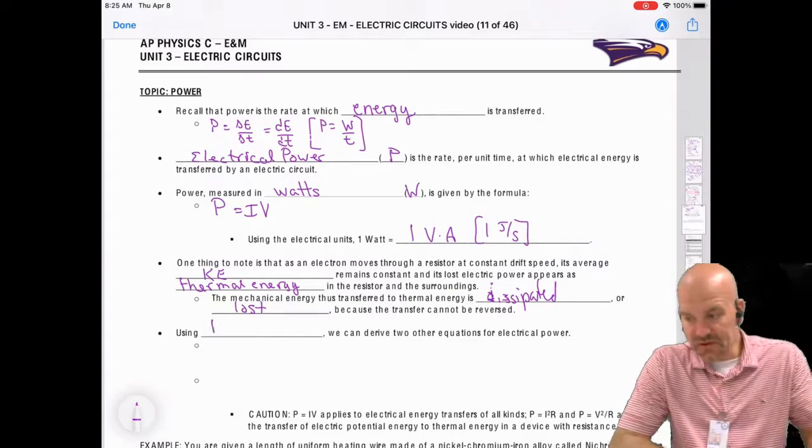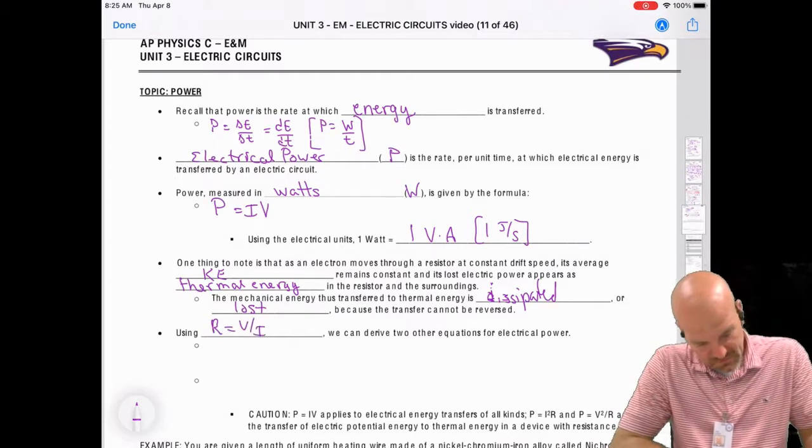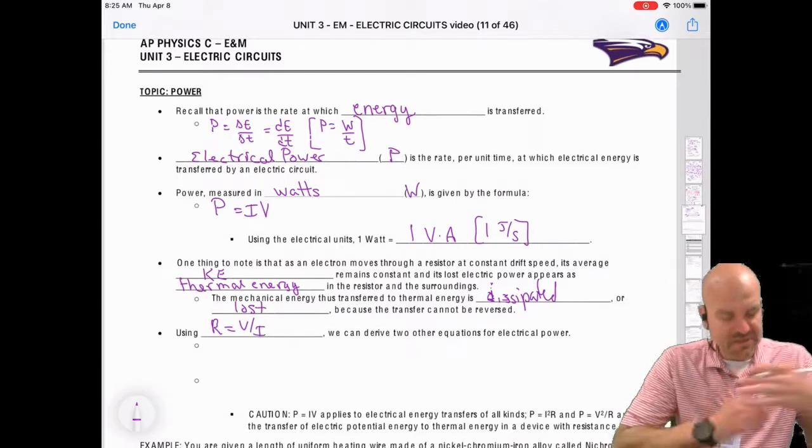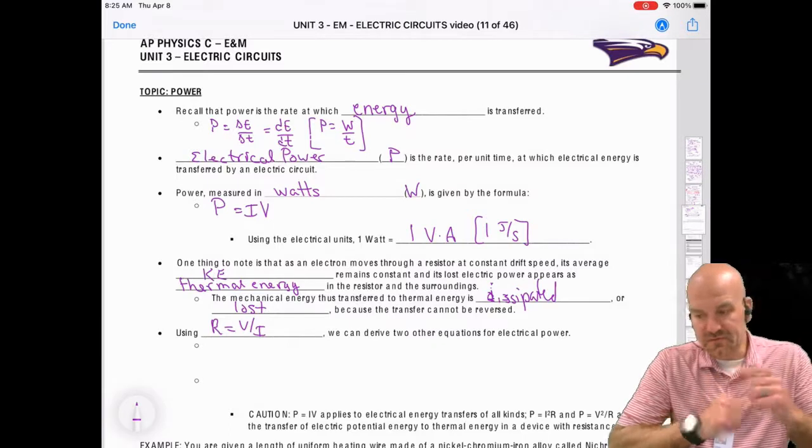Using Ohm's law, V equals IR, we can derive two other equations for power.